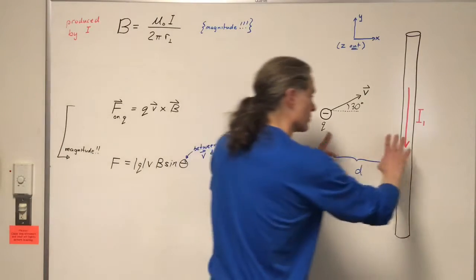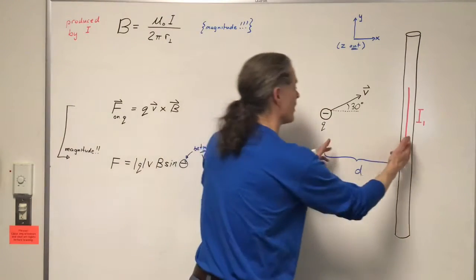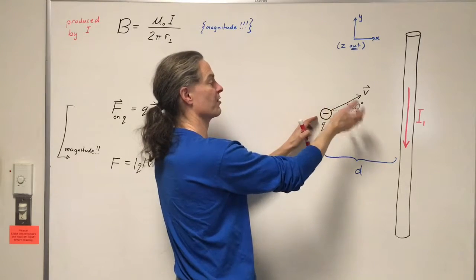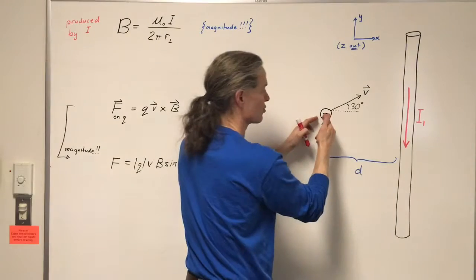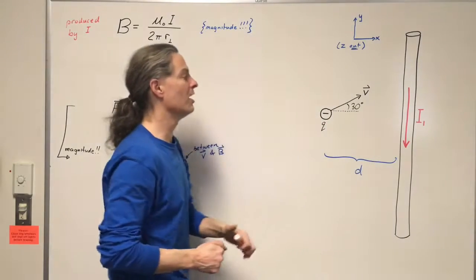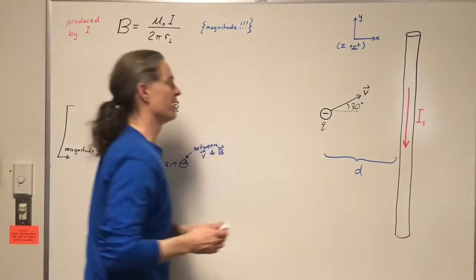In principle we could do that anywhere, but we want to know the value of the magnetic field right here where this charge is that's going to experience a force. So this charge is located at distance d from the current I1. That's where we want to know the magnetic field.